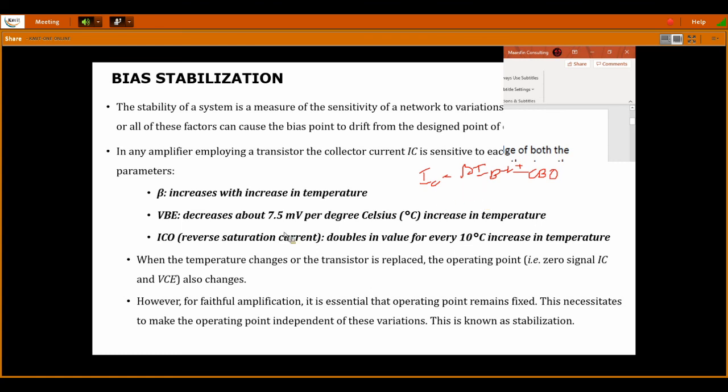So these are the three factors which can vary the stability of an amplifier. In order to stabilize your transistor which is acting like an amplifier, we have to avoid this variation in these parameters. So we define the stability factors.